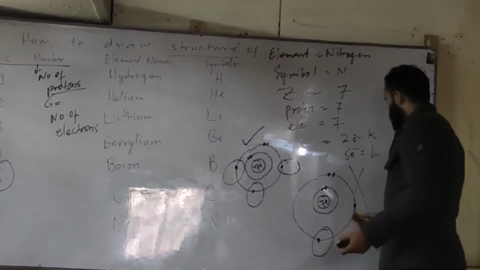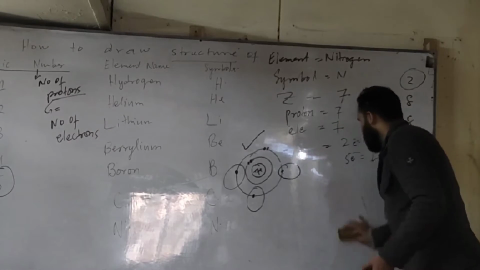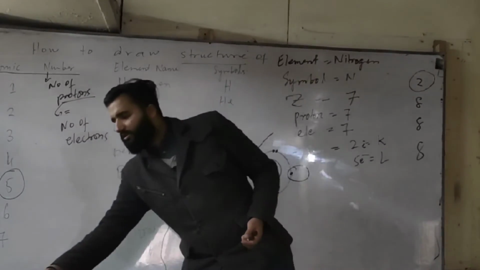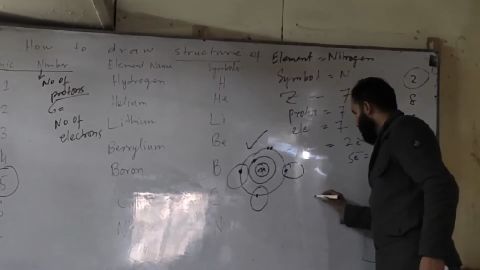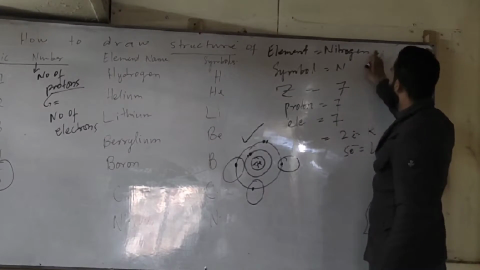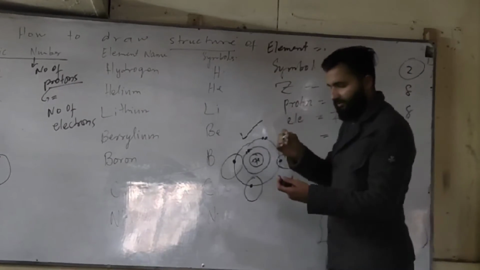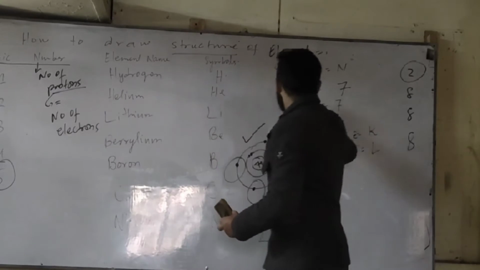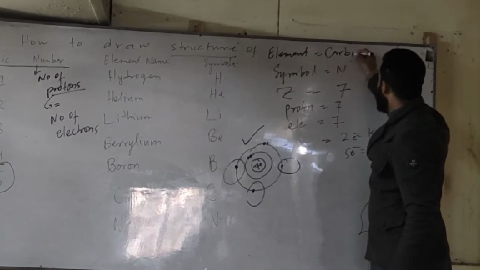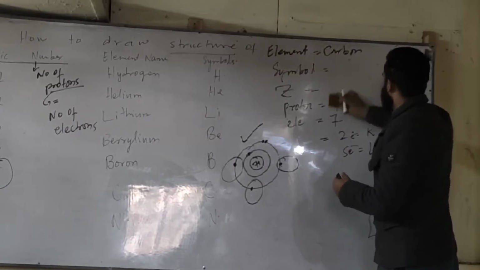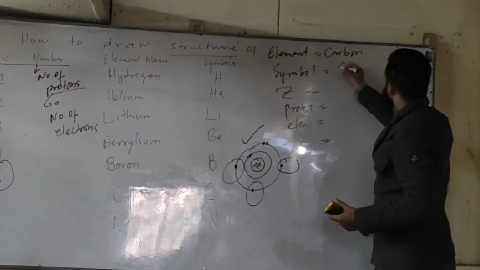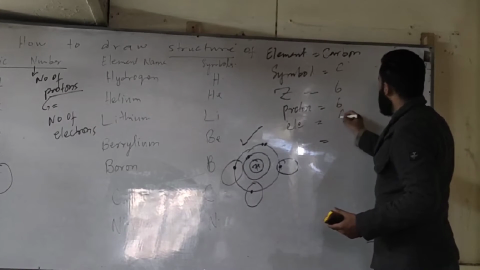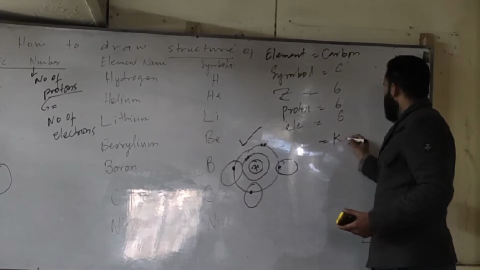So here I have a carbon atom. I asked you to draw the structure of a carbon atom. You know that the element name is carbon. Symbol is C. Z is 6, protons 6, electrons 6. The first shell has 2 electrons.